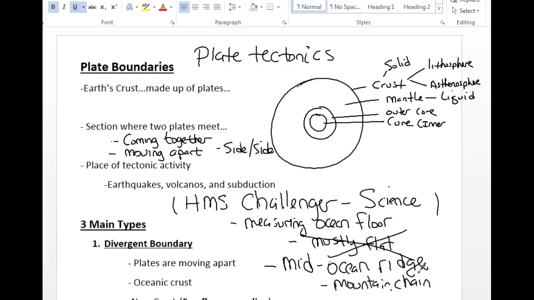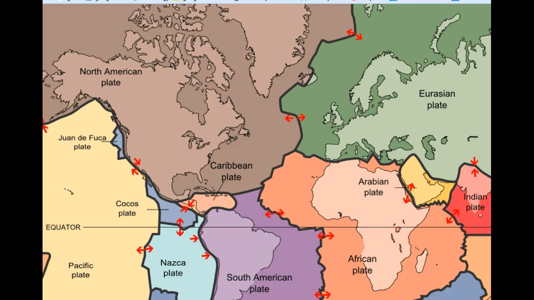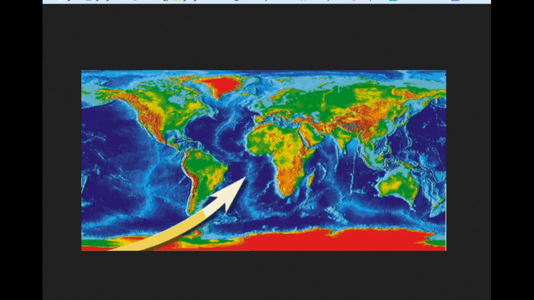So if we look at this picture, where are we? There we go. Here you see the little blinking parts, and the color is showing the different elevations.